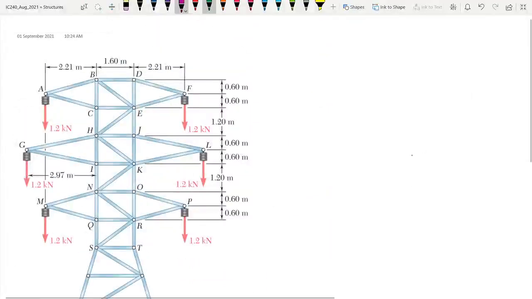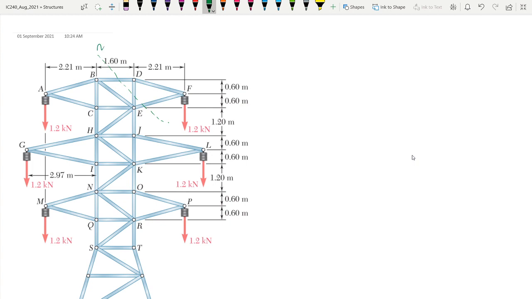So let us say we want to solve the same problem using method of sections, and let's say I'm interested in member BD. So one method, what we can do is I can do a cut section, something like this, right?